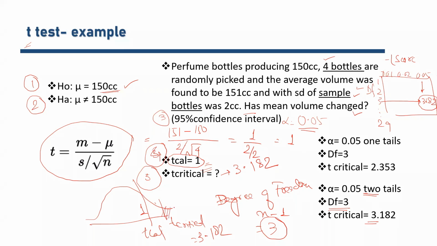And based on our hypothesis testing, we know that if it is greater than 3.182, it will lie in this area, which is the alternate hypothesis. But since it lies in the H0 area, we are accepting the H0, and we are rejecting the alternate hypothesis.